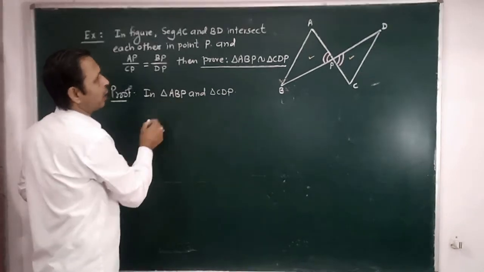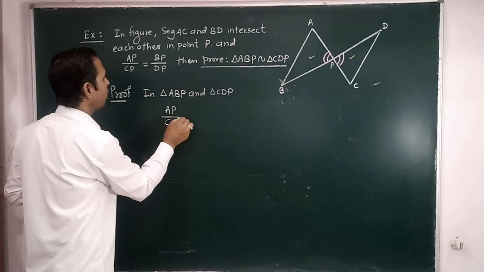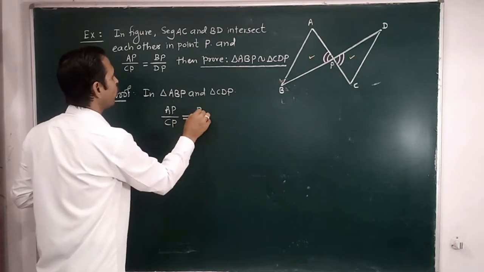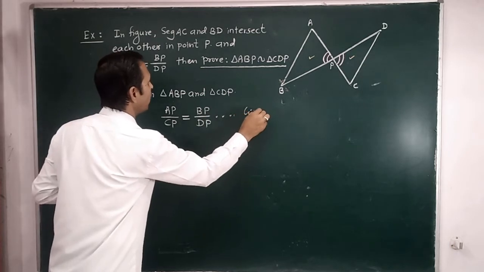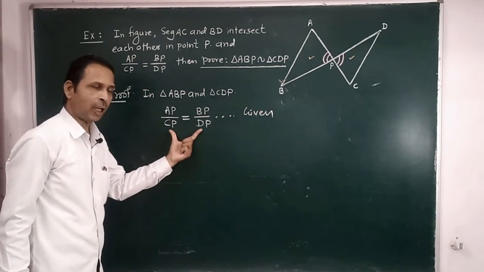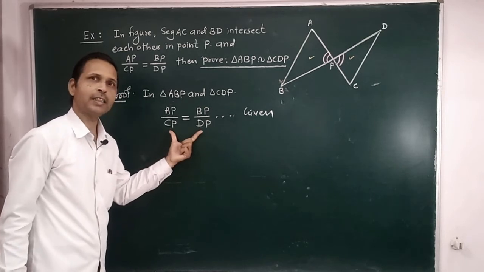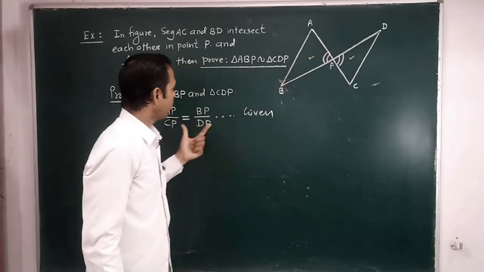Now in these two triangles we are given AP upon CP is equal to BP upon DP. This statement is given to you, and this statement shows that the corresponding sides are in proportion, and that's why we write it here.